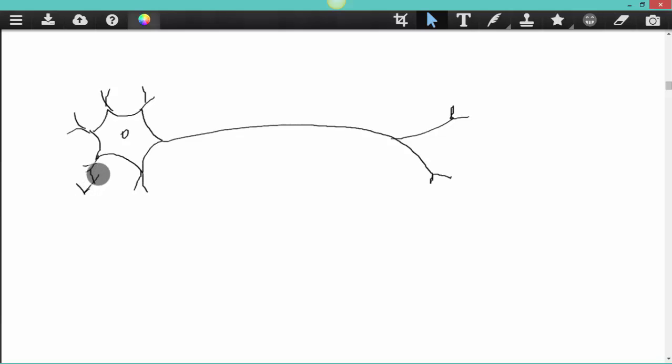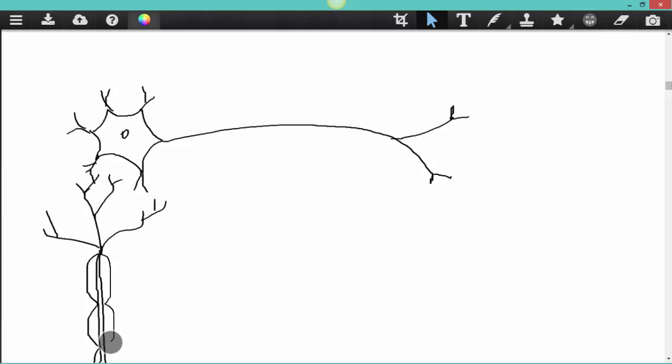Here you would have sensory neuron, so that's gonna be sensory neuron.